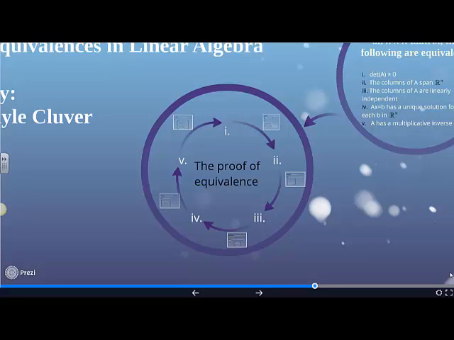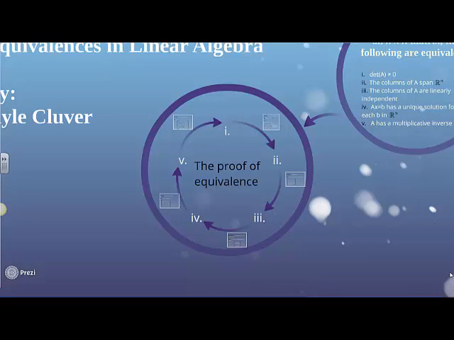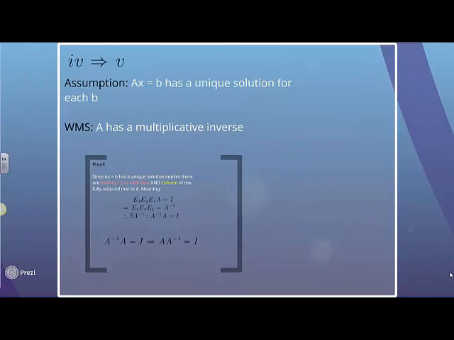Going on to the next one, we have 4 to 5. We're going to assume that our matrix equation AX equals B has a unique solution for each B. We must show that our matrix A indeed has a multiplicative inverse.